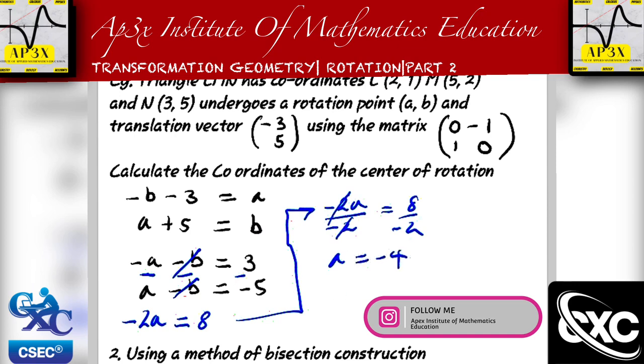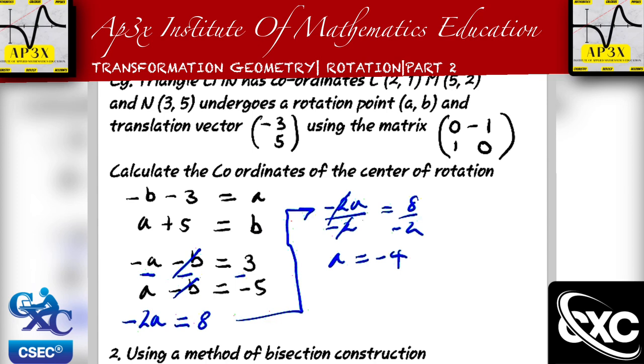That means the x coordinate of our center of rotation is minus 4. Now we're going to sub negative 4 into equation 1 or 2. I'm going to just use equation 2 here. So I'm going to put minus 4 where A is.